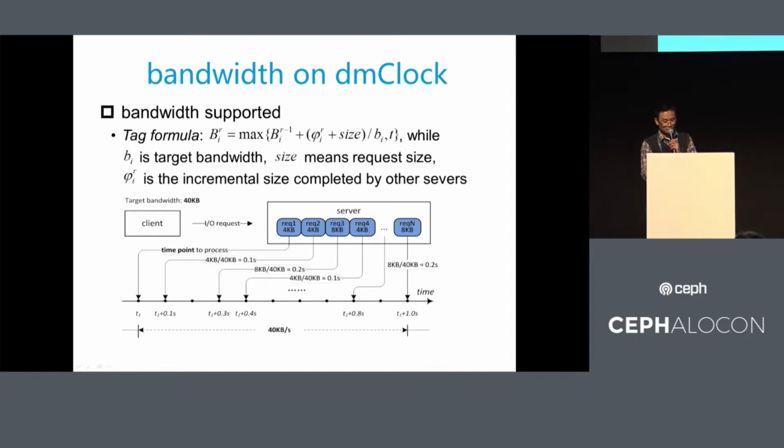So does request 4, request 5, and others. So in this way, we finally achieve what we want, the bandwidth control.